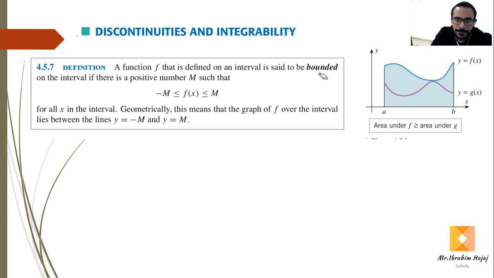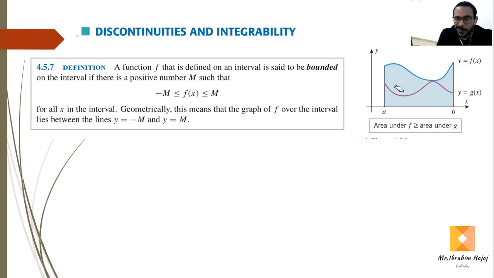Okay. When we have a function defined on the interval, it is said to be bounded on the interval if there is a positive number m such that this horizontal line passes through. This means the function f of x is bounded between two horizontal lines, negative m and m, for x in the interval.